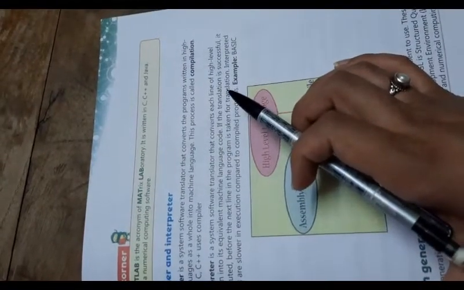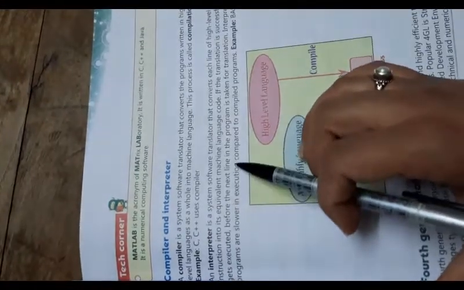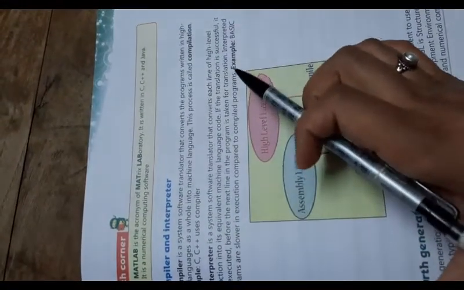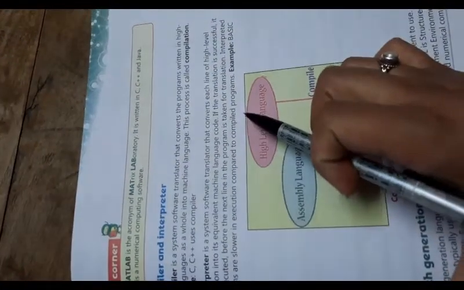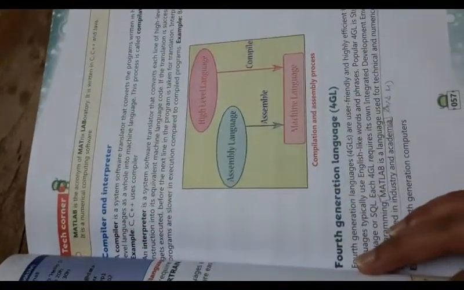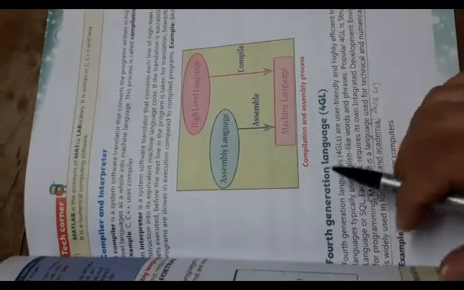If the translation is successful, it gets executed before the next line in the program is taken for translation. Interpreted programs are slower in execution compared to compiled programs. Example, BASIC.